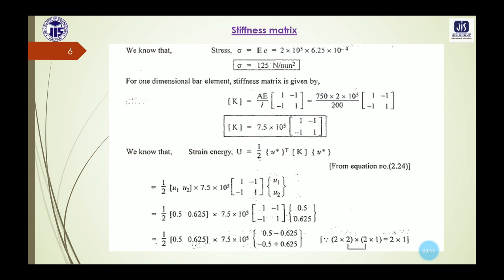Now the value of A, that is the cross-sectional area of the bar, is given in the numerical, it is 750 millimeter square. Then the value of Young's modulus is given as 2 into 10 to the power 5, and the value of L, that is the actual length of the bar, is 200 millimeter. Now if we put all these values in the formula of the stiffness matrix, then we get the stiffness matrix as 7.5 into 10 to the power 5 multiplied by the symmetric matrix, that is 1 minus 1, minus 1 1.